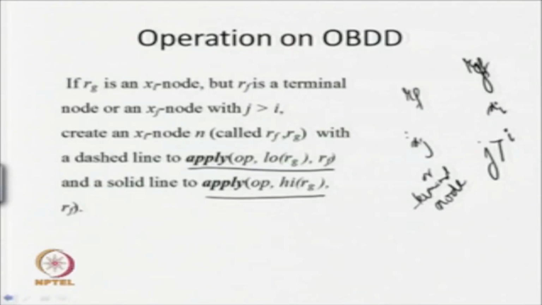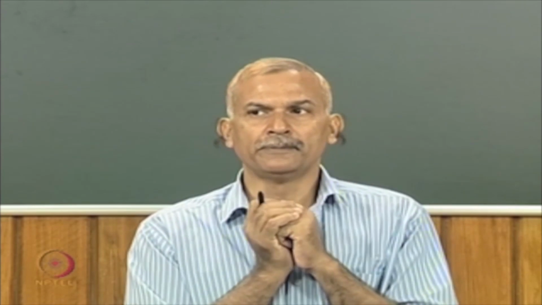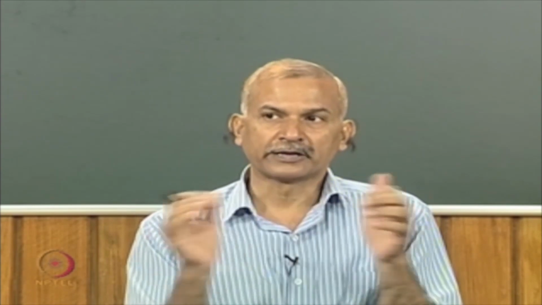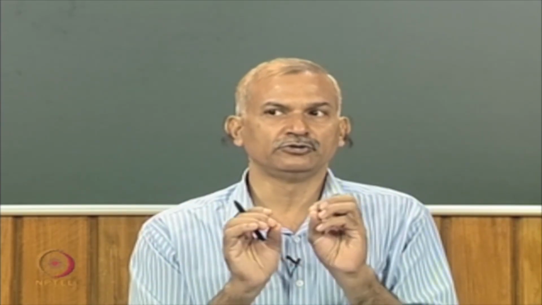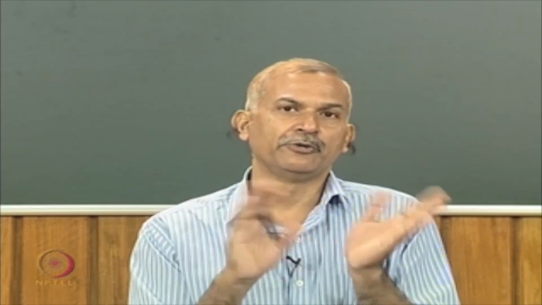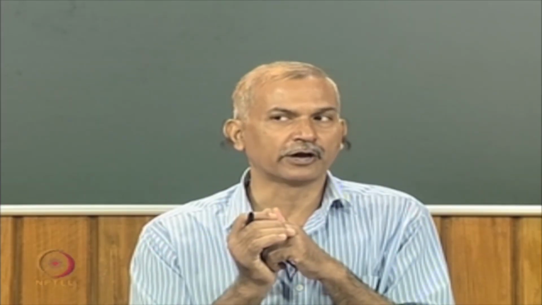Now, just see that we are going to take two ROBDDs, we are going to traverse them from the top, and it will be a top down approach. If both are terminal nodes, then we are going to apply the operation over there, because we know the values, either it will be 1 of 1 or 0 of 0 or 1 of 0 or 0 of 1. We may have 4 conditions.